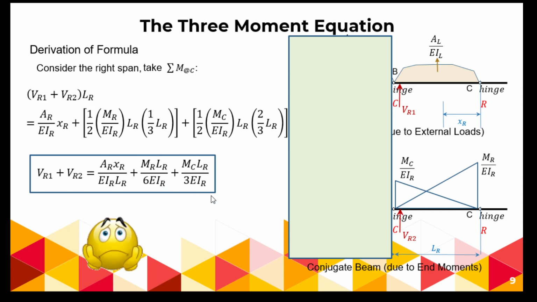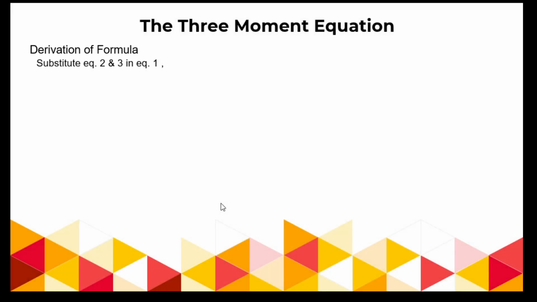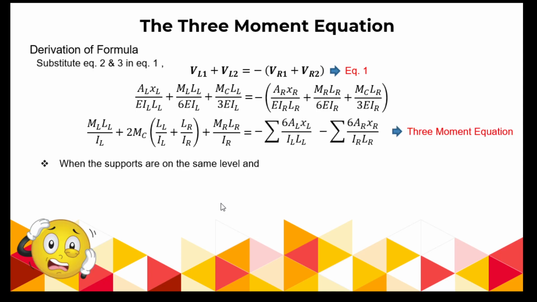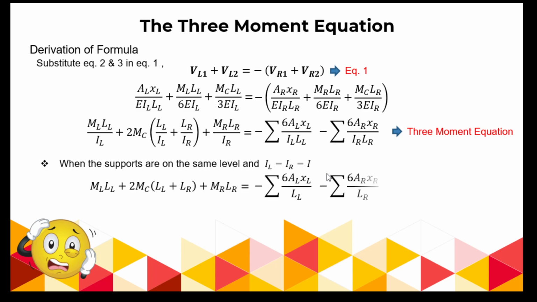Okay? Amo na nga aton nga 3-moment equation. So, substituting 2 and 3 again. In equation 1, we derive in our 3-moment equation for the right beam. Sa right naman sa right span sa ating beam. We derive in the moment equation.